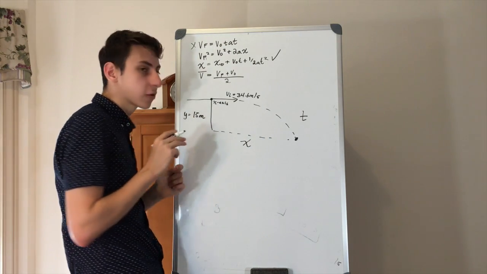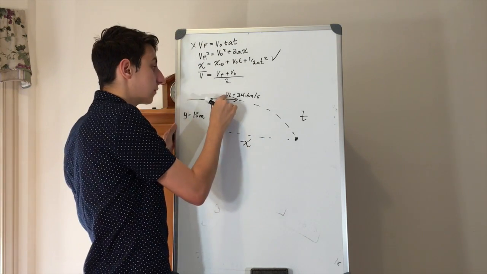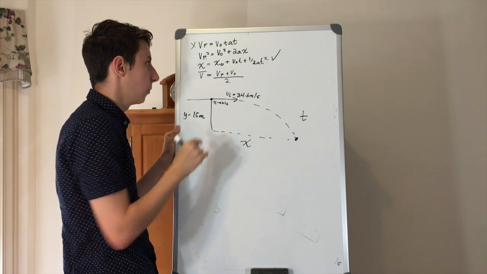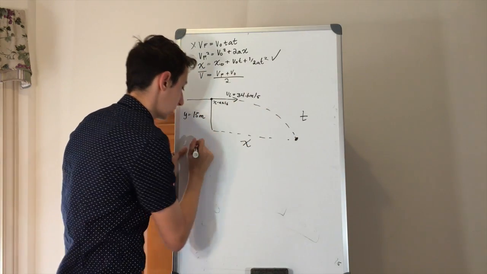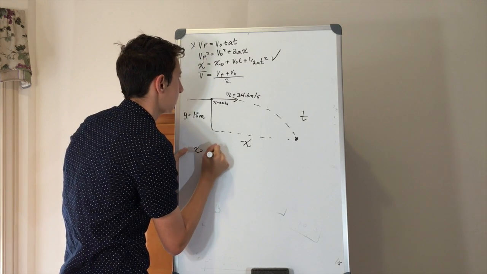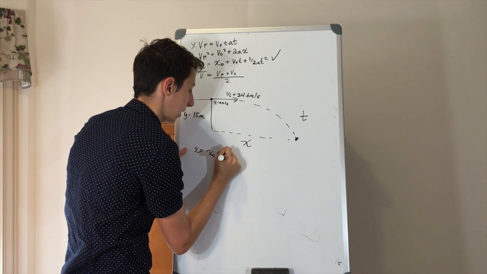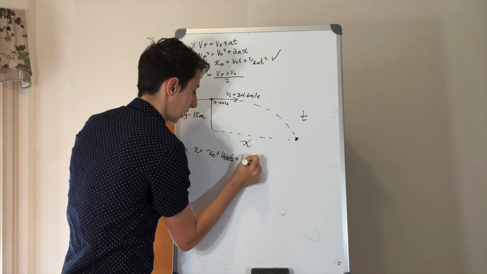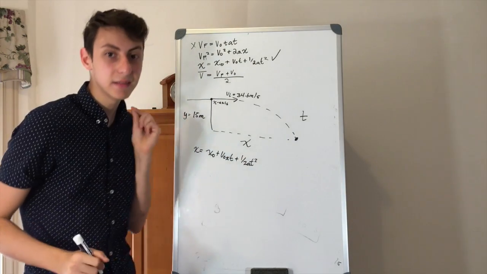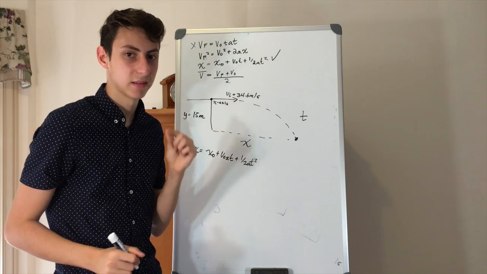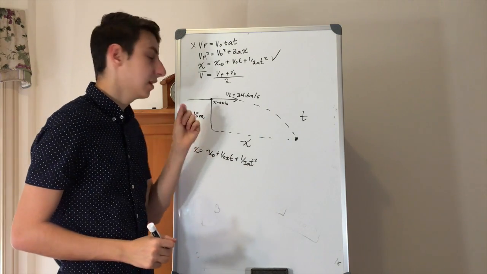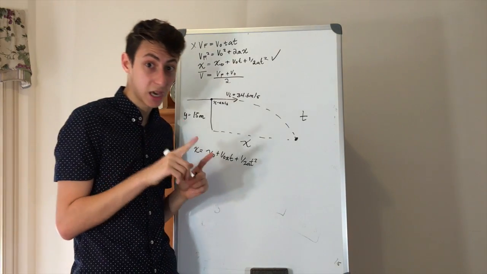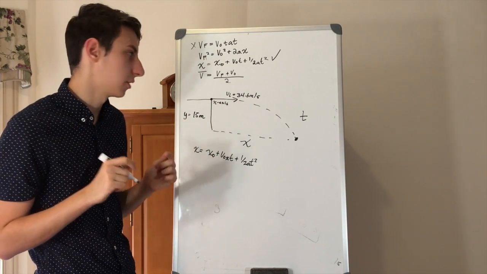Since we're traveling in the x direction, we're using velocity in the x direction. We rewrite this all in terms of x: x equals x naught plus v naught in the x direction times time plus 1/2 a t squared. And there is no acceleration in the x direction. The velocity in the x direction remains constant. The only velocity that changes is the velocity in the y direction.